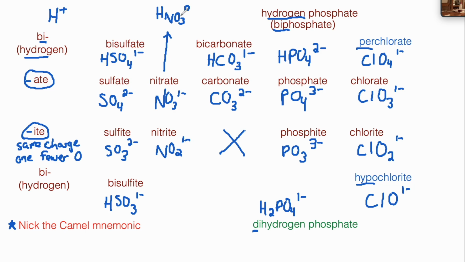So that's not one of our polyatomic ions that we have to learn, because HNO3 is not an ion, it's just nitric acid. So we don't actually have the binitrate or binitrite ions. Let's get that off of there. So we don't have it for nitrate or for nitrite.